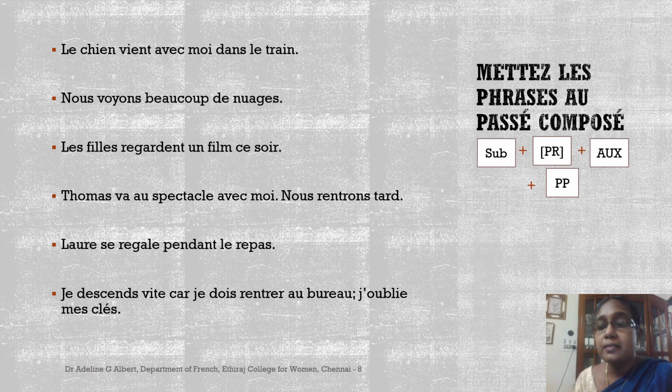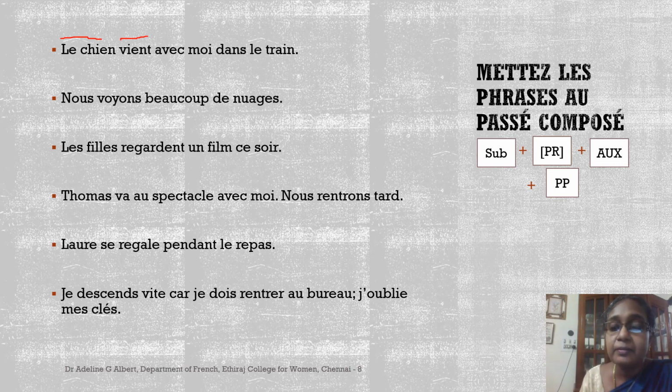Now let's do some sentences. These are ordinary sentences. They're not negative, and I've given you the structure you have to follow at the side: subject, which is followed by your pronoun if necessary, and then you have your auxiliary and your past participle. So let's look at the first sentence. Le chien vient avec moi dans le train. So le chien is my subject and vient is my verb.